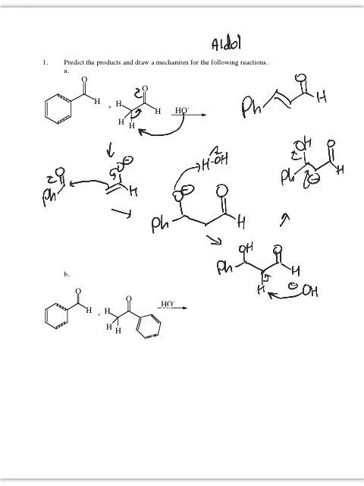In the second mechanism here, it's going to be exactly the same as what we just did. We're going to pull off a hydrogen off of our alpha carbon. We know the alpha carbon is the only one with an acidic hydrogen because we can draw resonance structures for the negative charge, moving it around. And then that will react with the benzaldehyde to form the carbon-carbon bond.